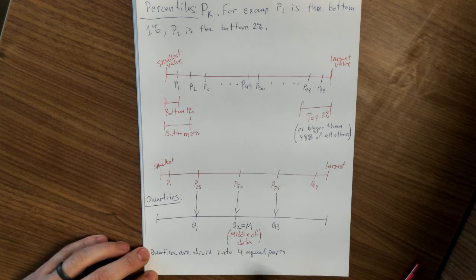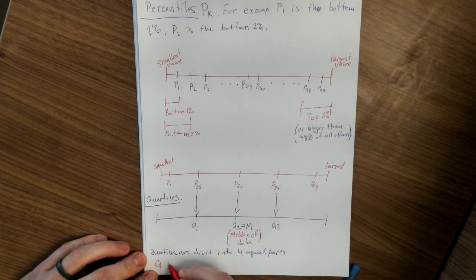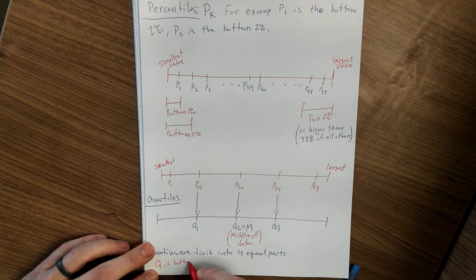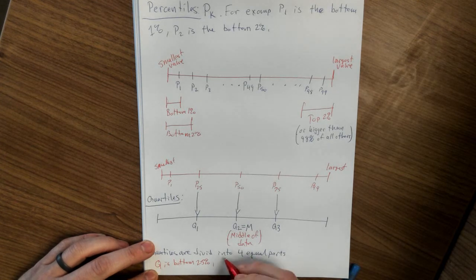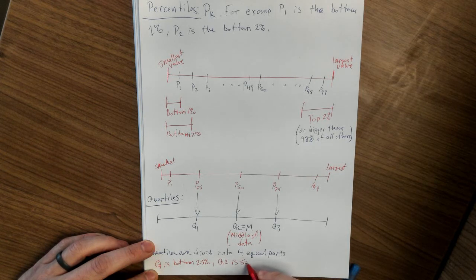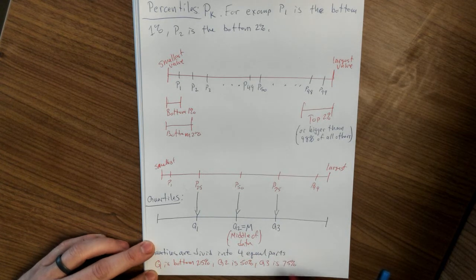And basically what we set up here, Q1 is the bottom 25 percentile, Q2 is the 50%, and Q3 is the 75 percentile.